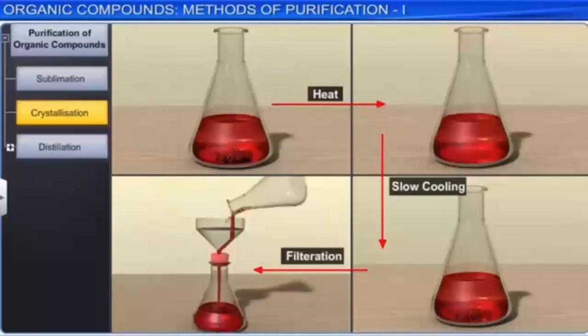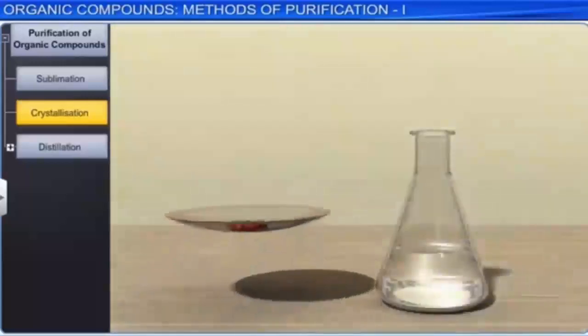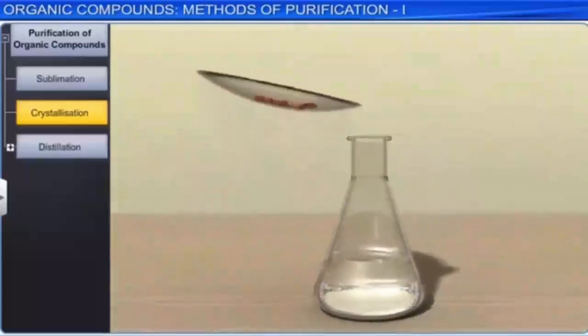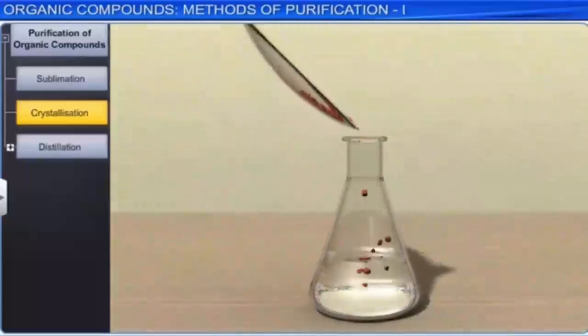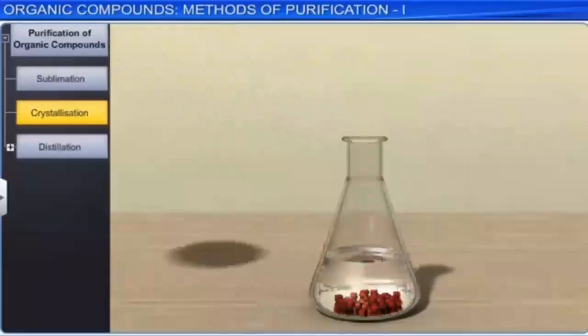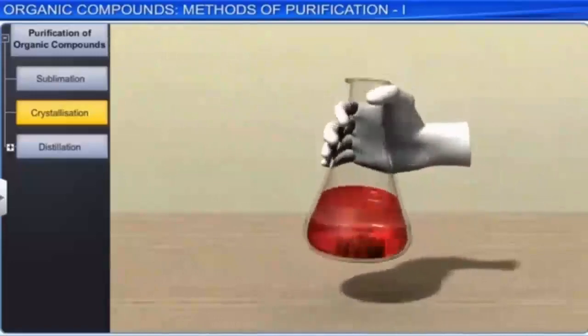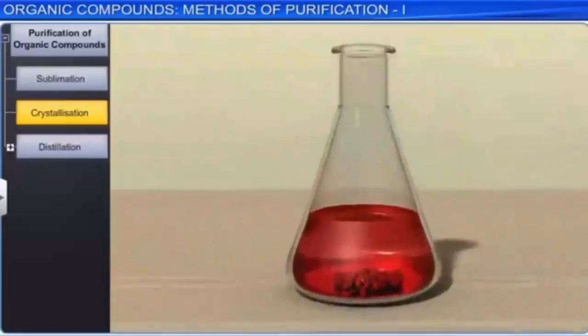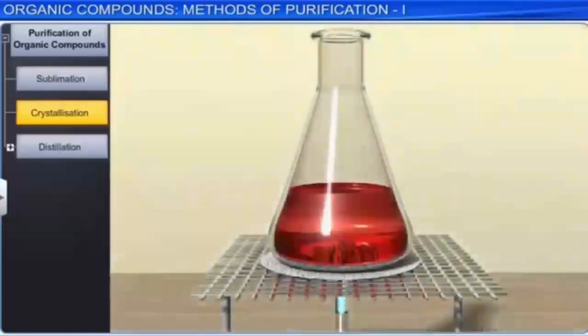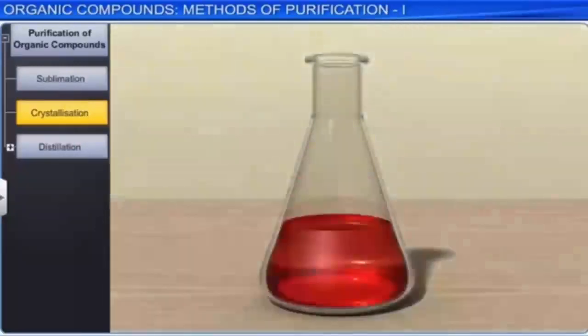In this process, first, the impure compound is dissolved in a solvent in which the compound to be purified is moderately soluble at room temperature and highly soluble at higher temperature. The solution is heated to get a nearly saturated solution. This saturated solution is then cooled to obtain the compound in its pure crystal form.